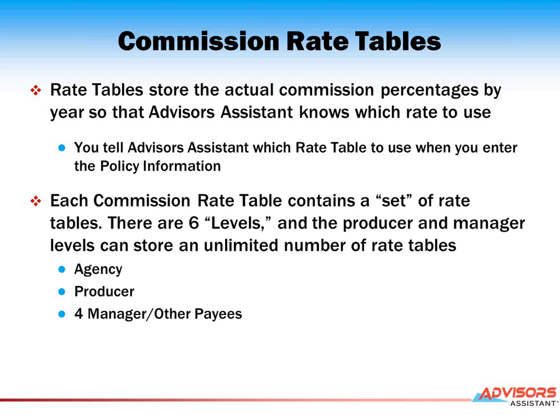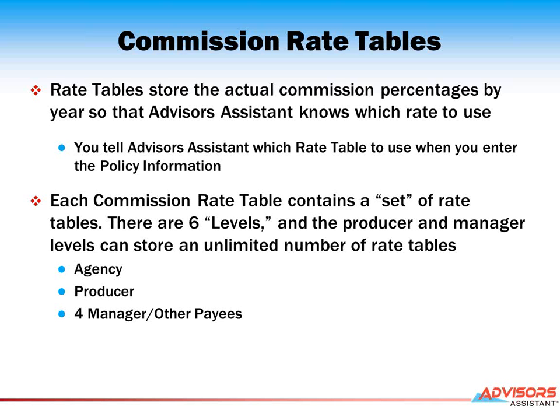You tell Advisor's Assistant which table is going to be used when you enter the policies into the database. When you add the rate tables to Advisor's Assistant, you're actually adding what we call a set of rate tables. One rate table can have different levels of rates. For example, you can have agency commission rates, producer commission rates, and manager commission rates.